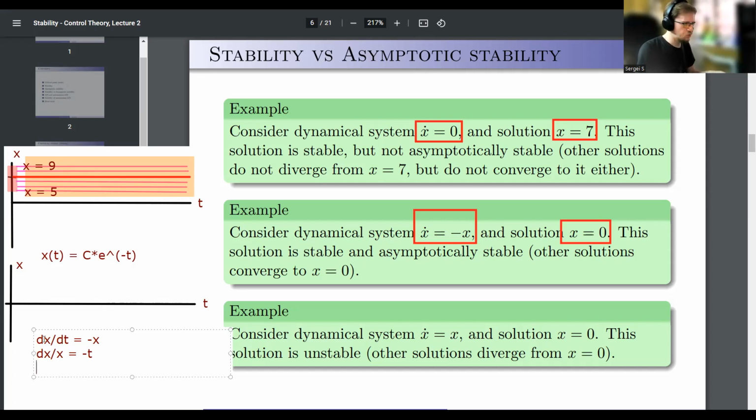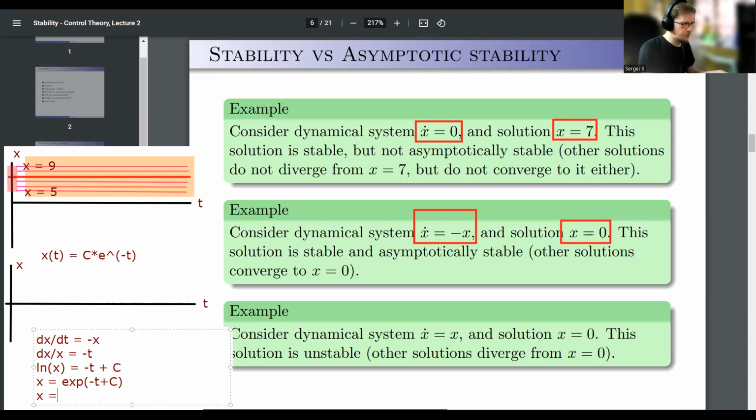From this, we go to the logarithm of x equals minus t plus c.